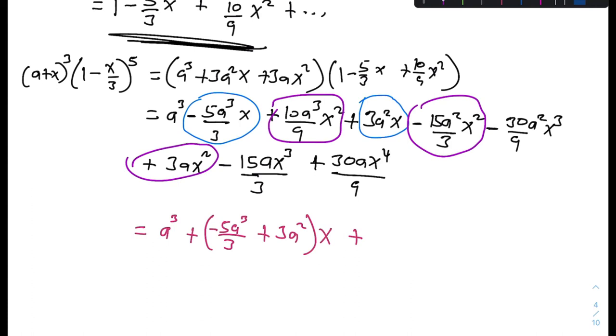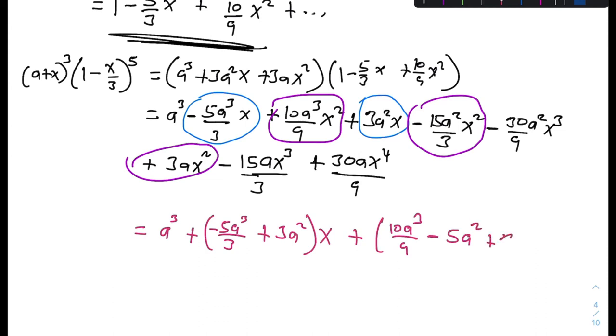So we get our 10a cubed over 9, and then we have plus negative 15 over 3 is 5a. Sorry, that's negative. So we have negative 5a squared.